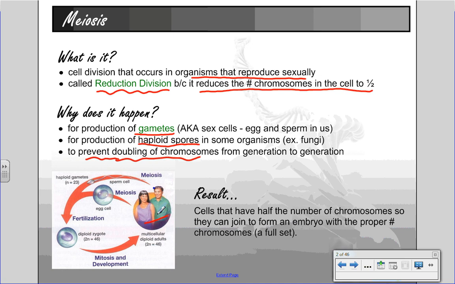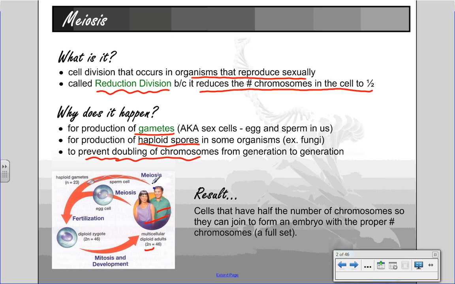So in a father, all of his cells except for the sperm cells that he makes are what we call 2N, which is diploid. There's 2 sets, one set from his mom and one set from his dad. So there's 46 chromosomes in human somatic cells.